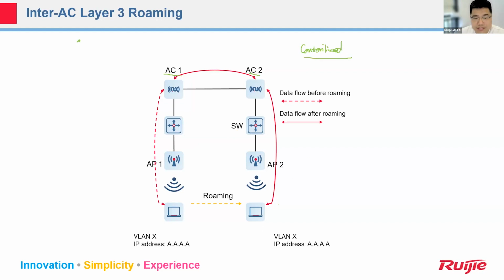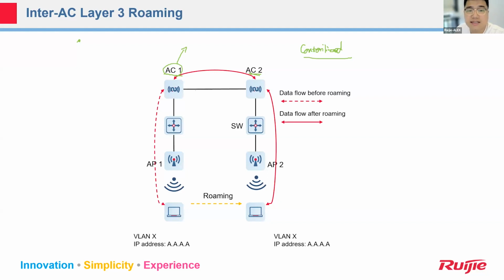After roaming, you can see the traffic is directly sent to AC2, and AC2 will send it to AC1, since before roaming, the traffic was also sent to AC1. So after receiving this packet, AC1 will check the forwarding entries and send it to the egress, to the gateway. Okay, this is the inter-AC layer 3 roaming in centralized forwarding mode.